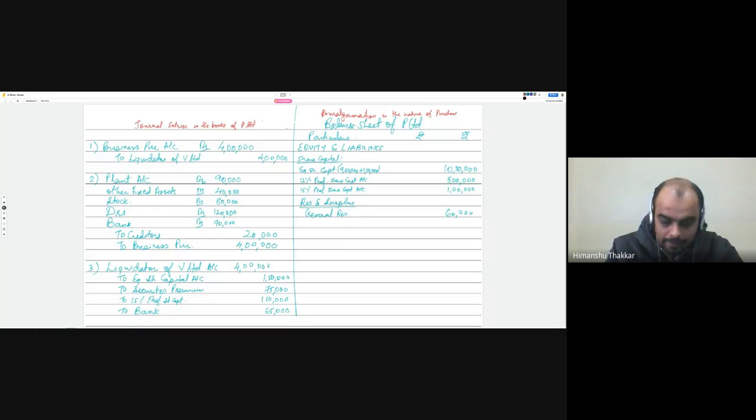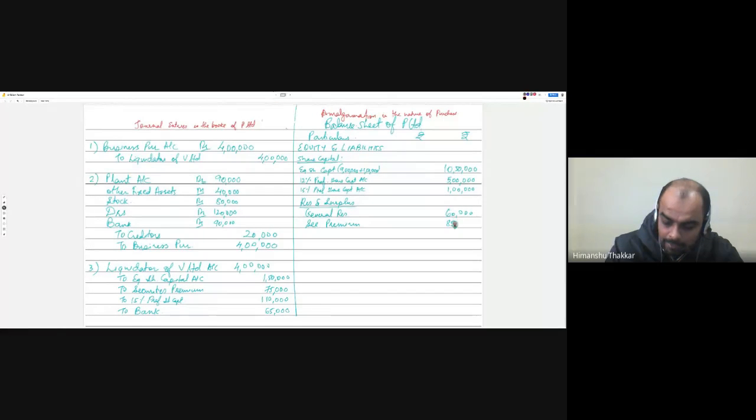Then securities premium of both: 1 lakh 10,000 plus 75,000. So that will be 85,000.